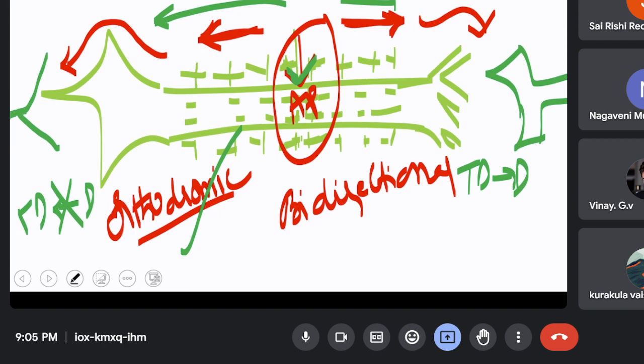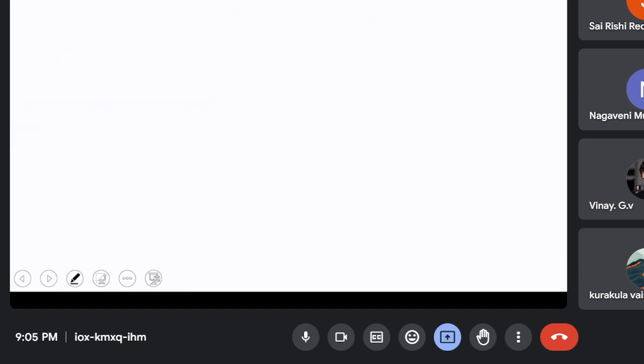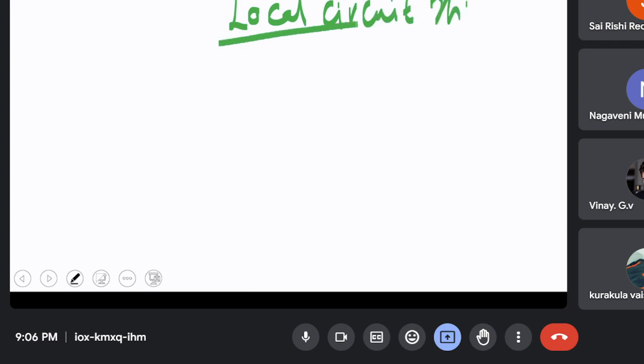Now let us see how the propagation takes place. Coming to propagation of action potential, a theory was proposed, called the local circuit theory. How is the propagation of the nerve impulse explained? It is explained by the local circuit theory.